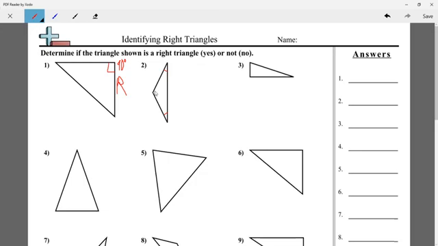A line perpendicular to this would be somewhere around there, maybe. So this would be about a right angle. And since this line is not inside here, that means that this is bigger than a right angle, and this would be obtuse. So this is an obtuse triangle, because this angle is obtuse.